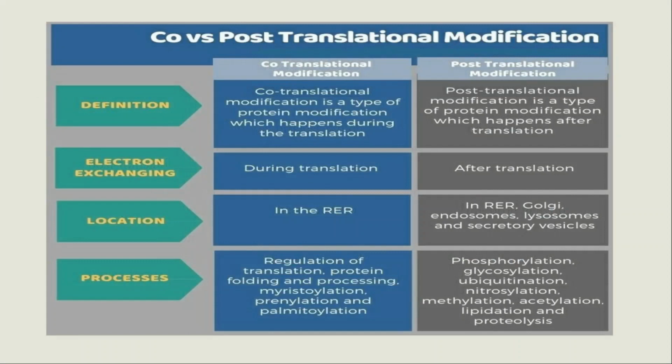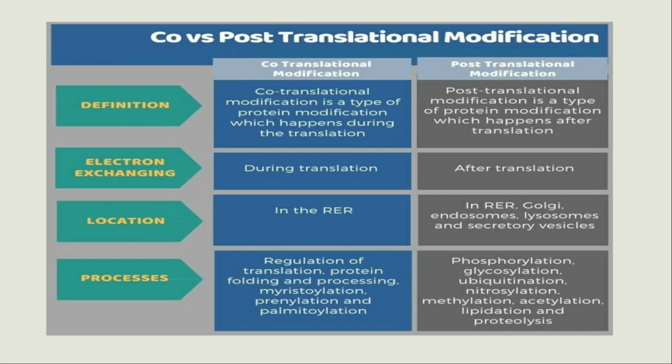And now let us see the differences between the co-translational modifications and the post-translational modifications. As we have discussed earlier, co-translational modifications occur during the translation process, and post-translational modifications occur after the translation process. The location at which co-translational modifications occur is the rough endoplasmic reticulum, whereas the post-translational modifications occur in the rough endoplasmic reticulum, Golgi apparatus, endosomes, lysosomes, and secretory vesicles.